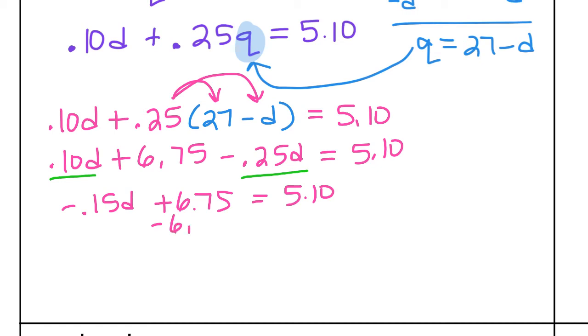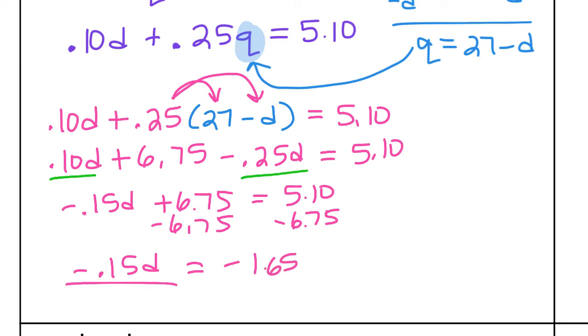Now let's subtract 6.75 from both sides. So that gives me negative 0.15D is equal to negative 1.65. Then let's divide by negative 0.15.